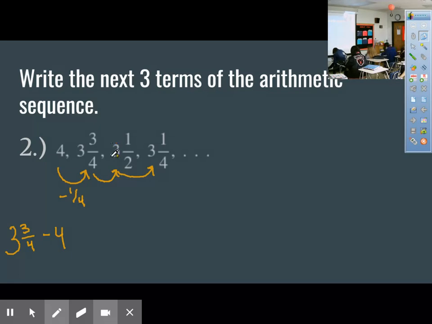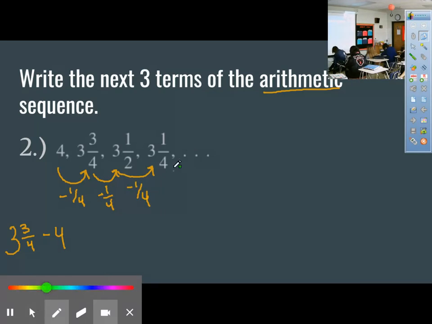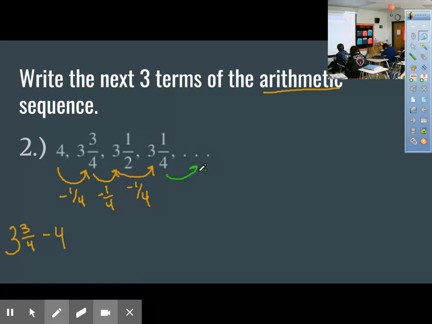Now, do I really need to do that for all 3 of these? No, they've already told me that it's arithmetic, so I already know that they did the same thing on all of them, so I already know that they subtracted 1/4 on these. I just need to figure out the next 3 terms. Okay, so I need to do 3 1/4 minus 1/4.